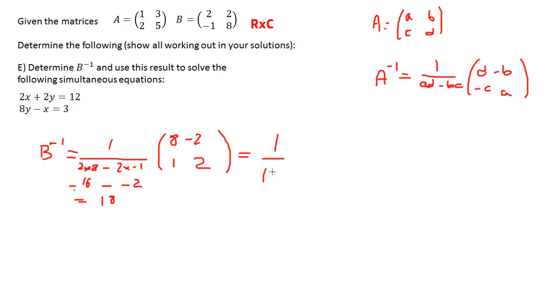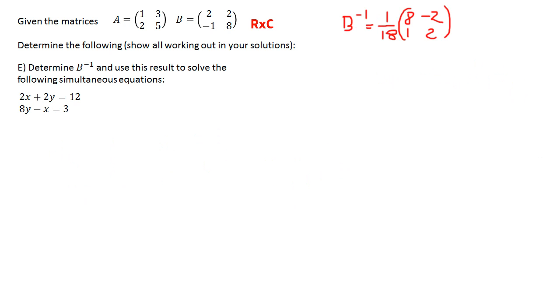So 1 over 18 times the matrix 8, minus 2, 1, 2. And this is our value for B to the power of minus 1. Okay, so I put B to the power of minus 1 up there, and now we're going to solve the simultaneous equations.